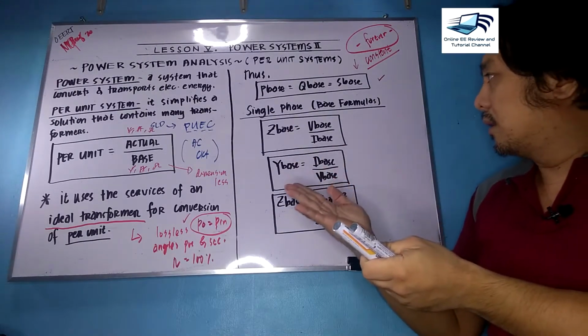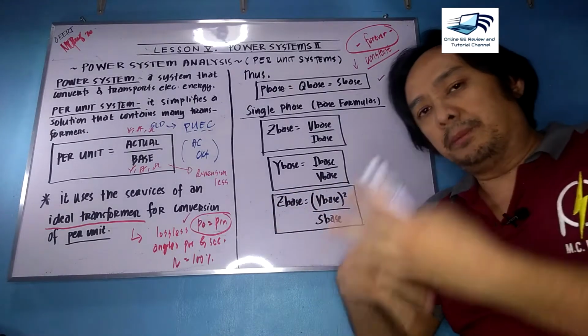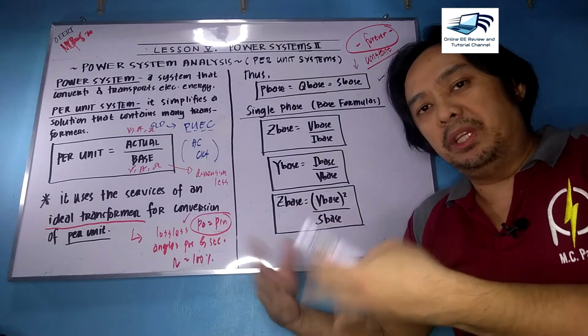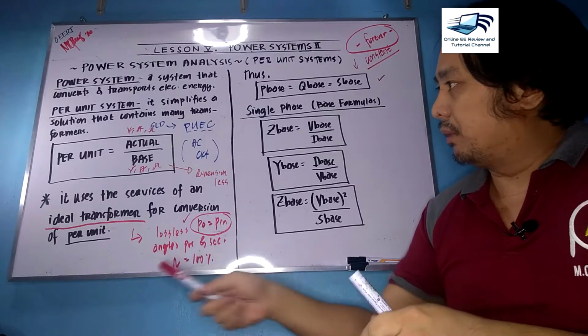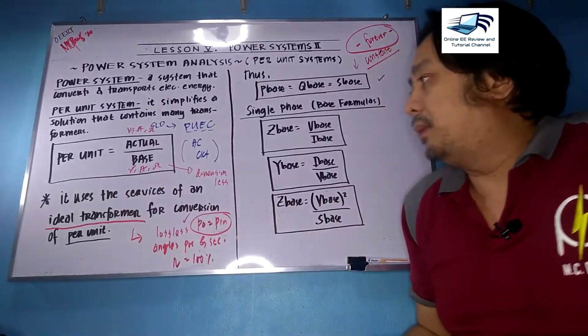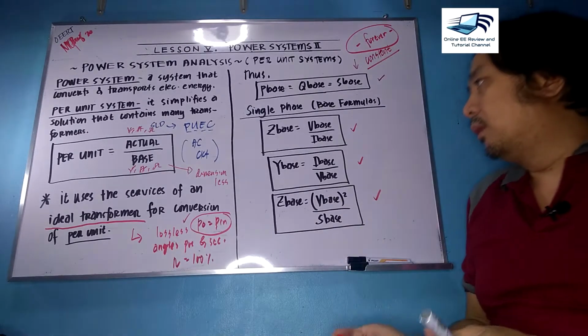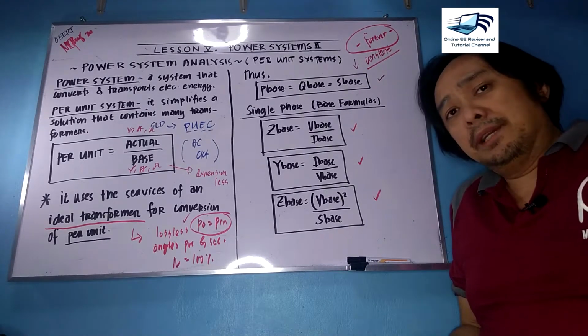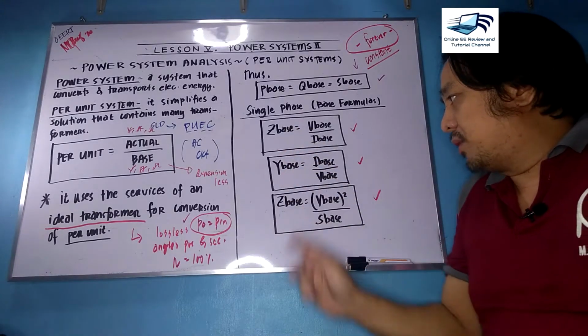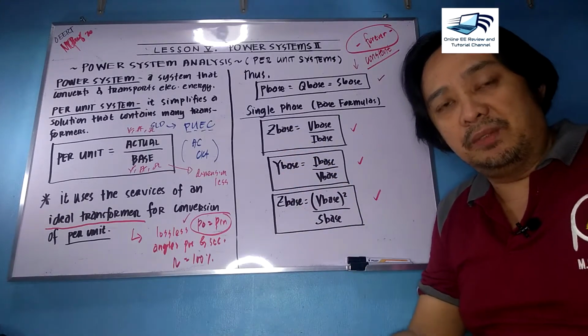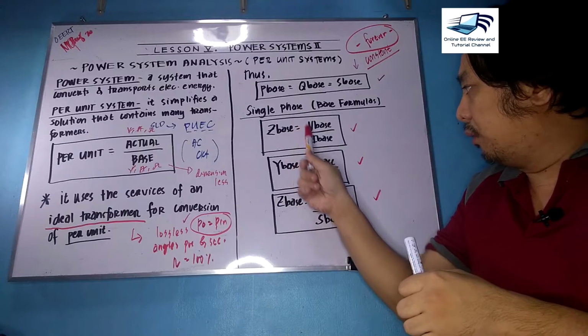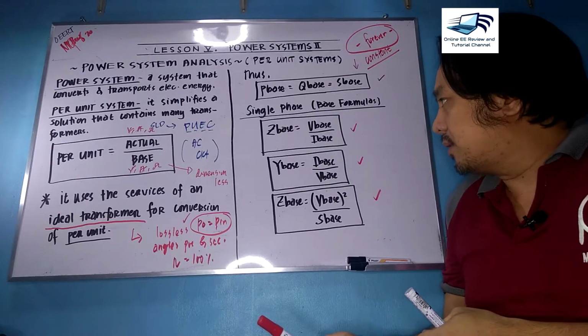Then for the single phase base formulas, you need to have the base computations first, which is very important because to get per unit, you need the base values. These formulas look familiar simply because they are just circuit analysis formulas, like Z base is equal to V base over I base.